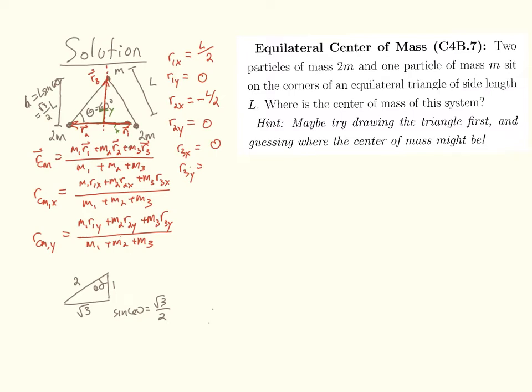Okay, so anyway, now that I know the height of that thing, I can now say that the y component is root 3 over 2 times L, and I know what all the vector components are, and so now I'm ready to plug them into the center of mass formula. So let's do the R component first.